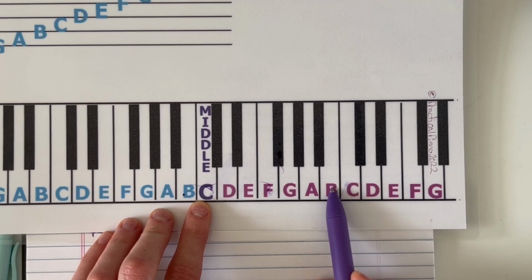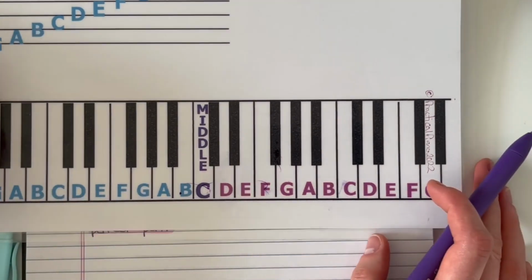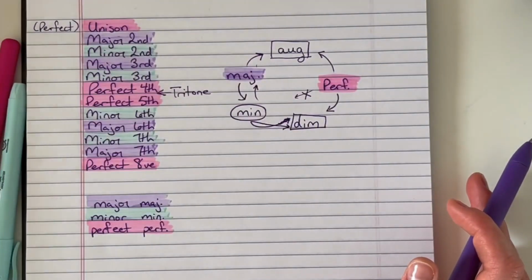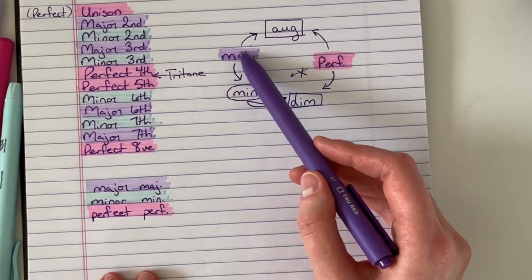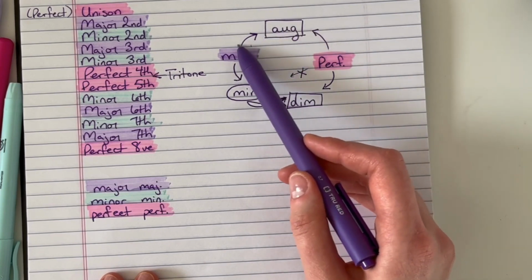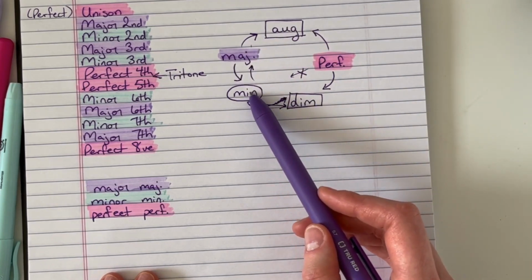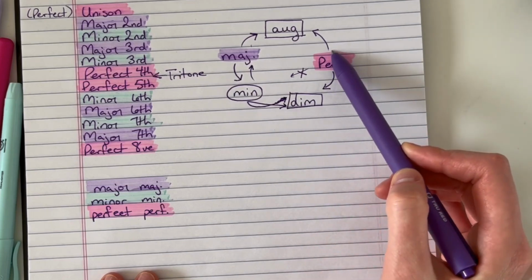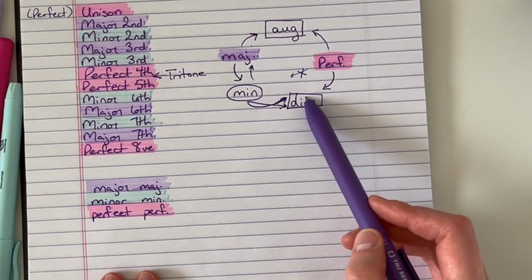If we make it a half step smaller, now it's a diminished octave. So that is how you make your intervals augmented and minor and diminished.